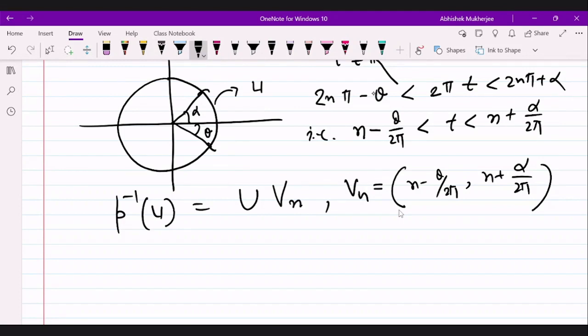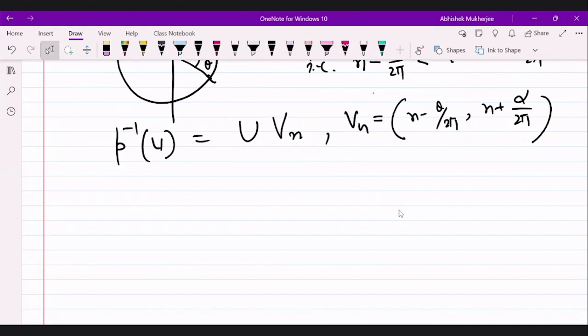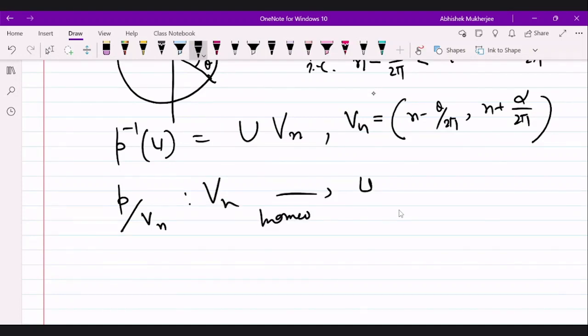And using the same arguments that were used for that U, where t varies from minus pi by 2 to pi by 2, you can always say that this restriction is a homeomorphism. Okay.